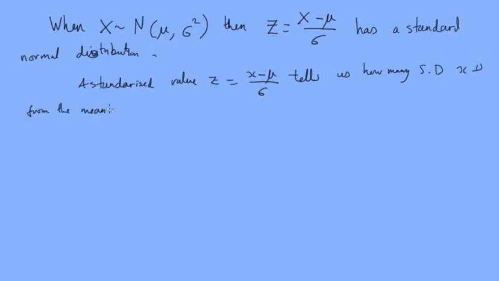And what this means then, we can now use our normal distribution tables to find a probability of any normal distribution.